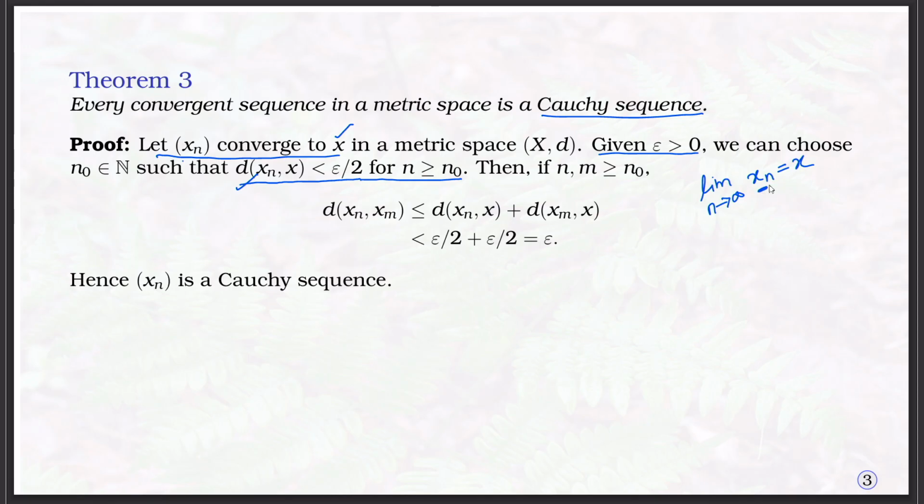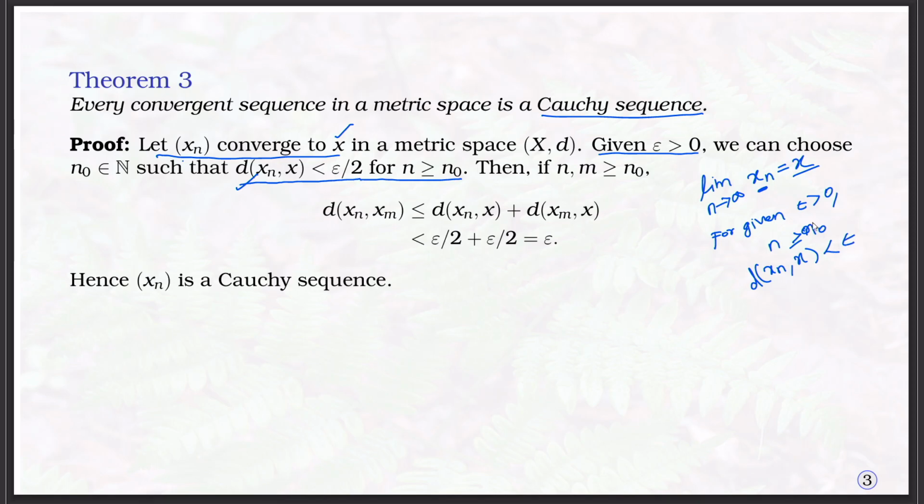If xn is a convergent sequence, for a given epsilon greater than 0, one can find some stage n naught, after which any point in the sequence xn has distance from the limit x less than epsilon.